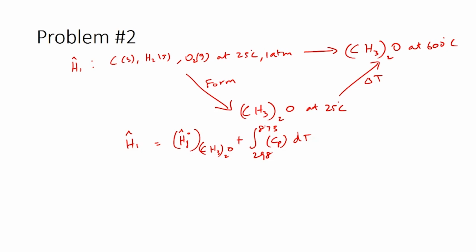So, I am using the temperature value in Kelvin. If we substitute the values for heat of formation and the Cp values, we would get minus 180.16 plus 62.4, giving H1 cap as minus 118 kilojoules per mole. So, this is H1 cap.